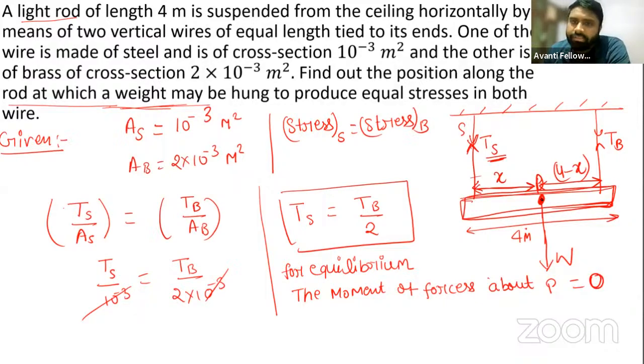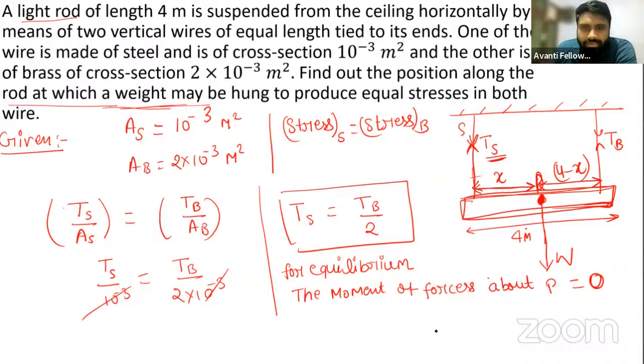So if this system is in equilibrium, the moment about this point will be 0. Got it? So we will take the moment now, the moment about this point P.